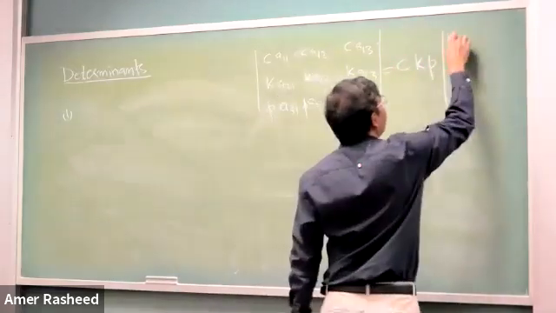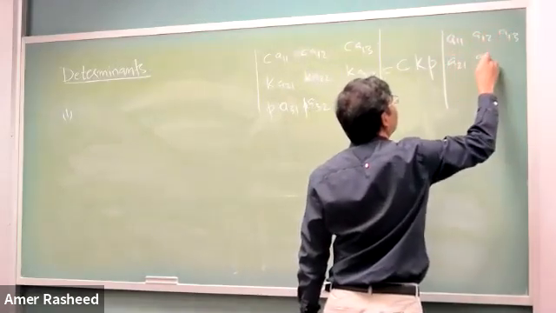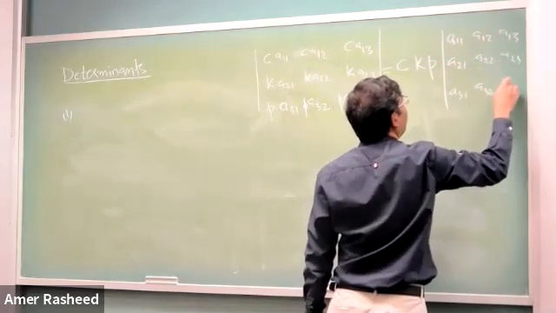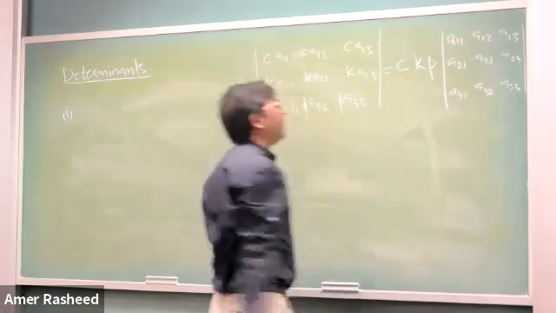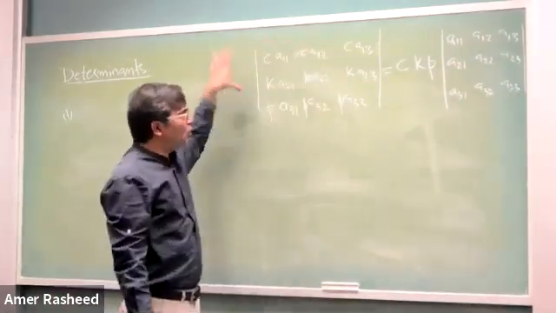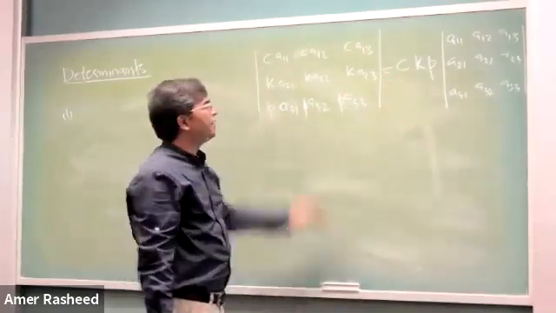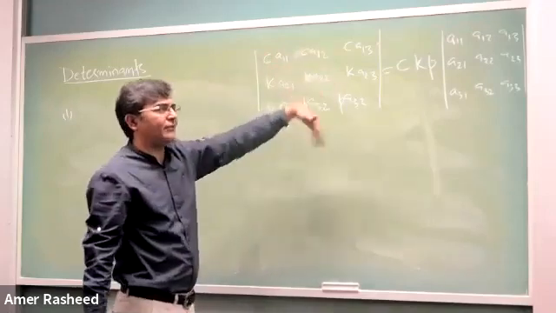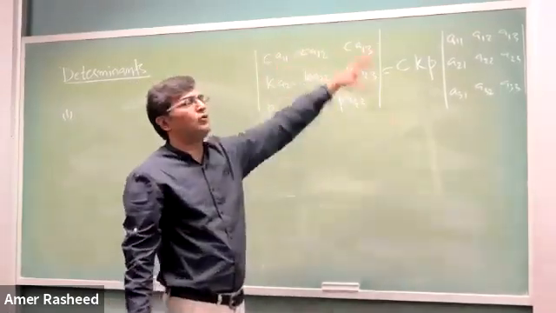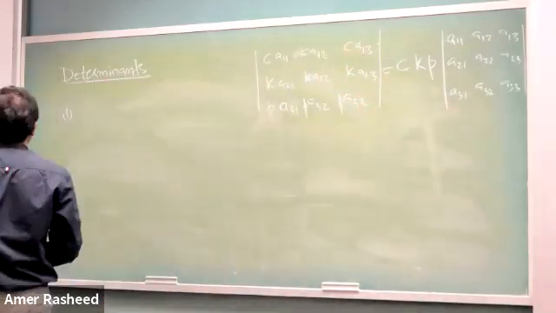So you get A11, A12, A13, A21, A22, A23 and A31, A32, A33. So this is how it works. You can take common from each row and put it outside. Okay. So similarly, it works for the columns as well. अब c, c, c, k, k, k, p, p, p कर दें, वो common ले लें, we get again the same result. This is the first property.